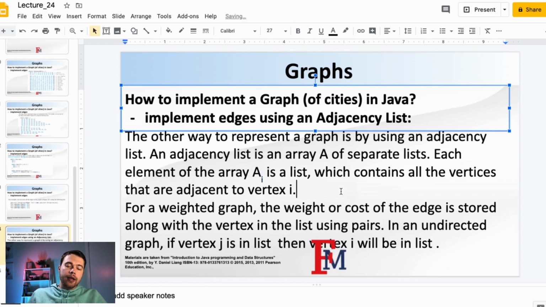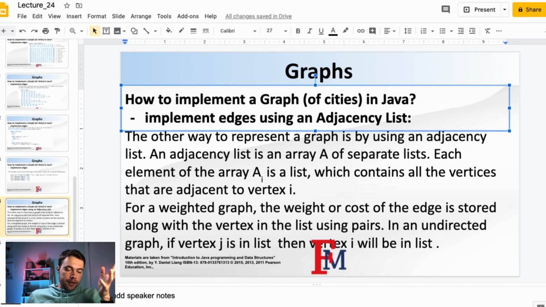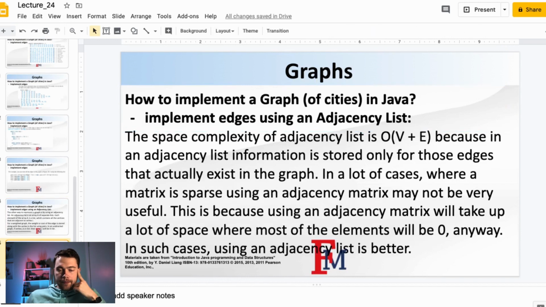For a weighted graph, the weight or cost of the edge is stored along with the vertex in that list using pairs. In an undirected graph, if the vertex j in the list is connected to i, there will be a 1. Hope it makes sense. You guys already read about that.